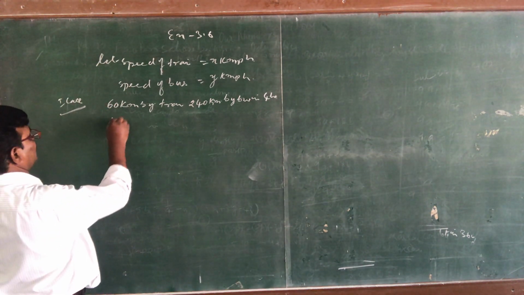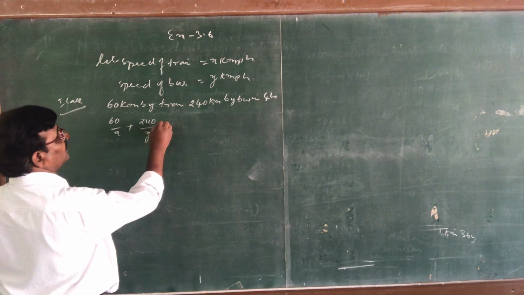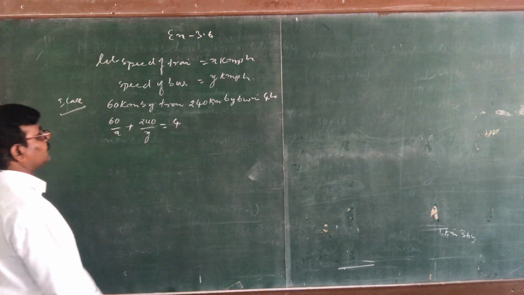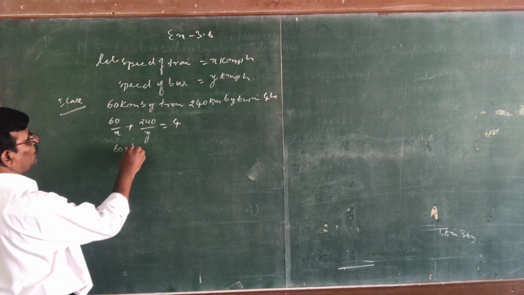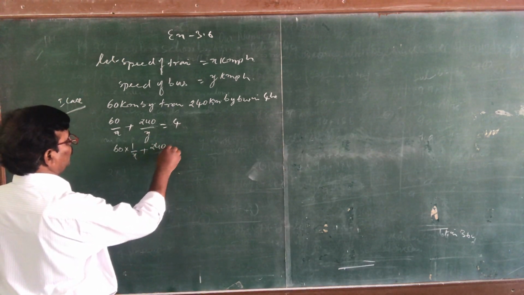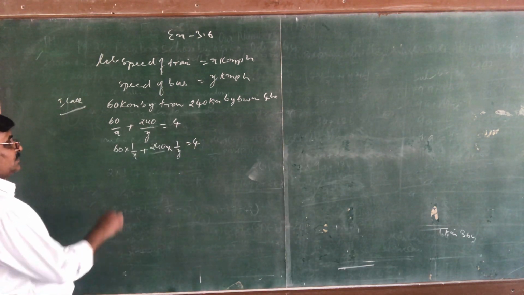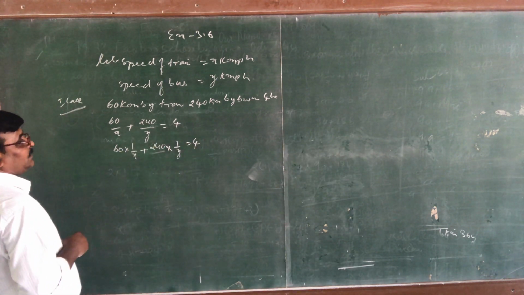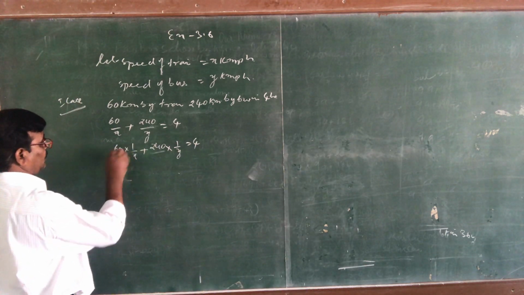So 60 by x plus 240 by y is equal to 4. This you can write as 60 into 1 by x plus 240 into 1 by y is equal to 4. Take that 4 common from this, then 15.